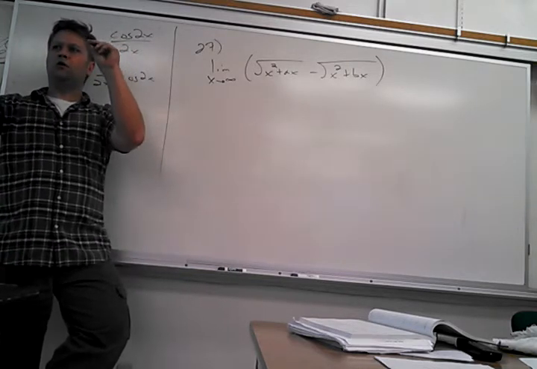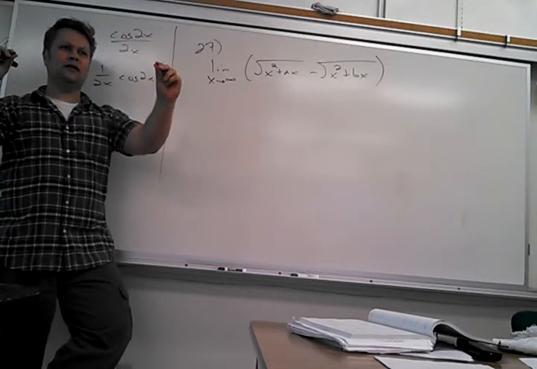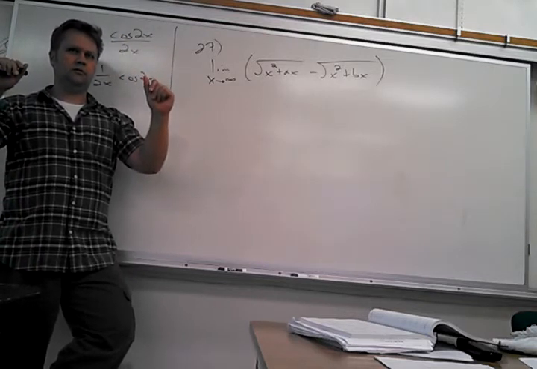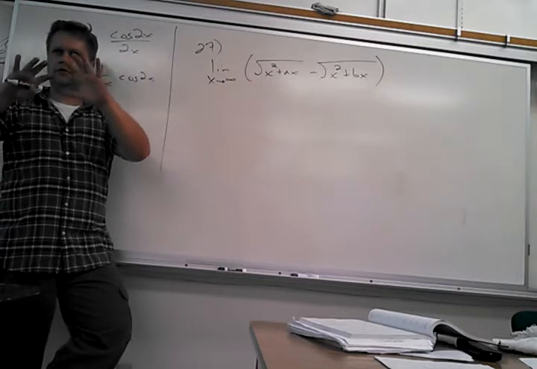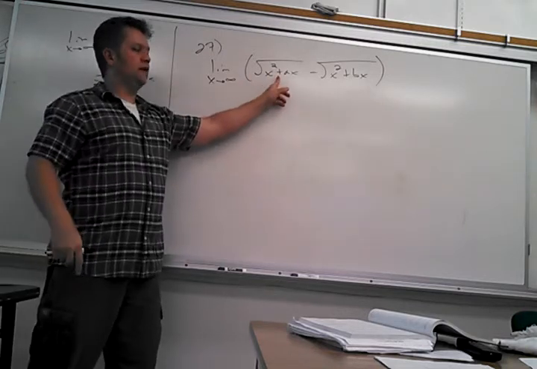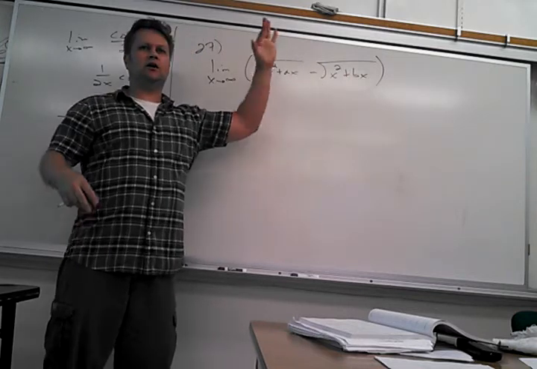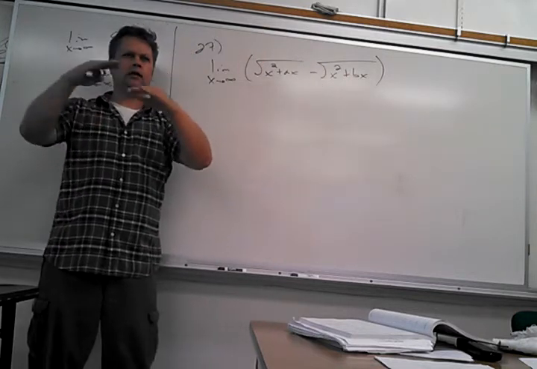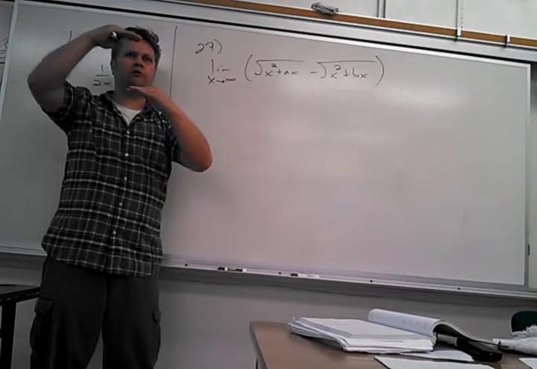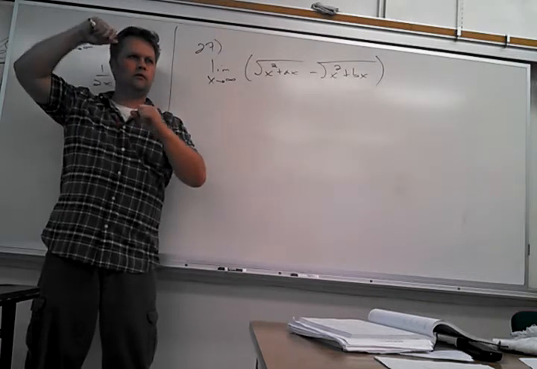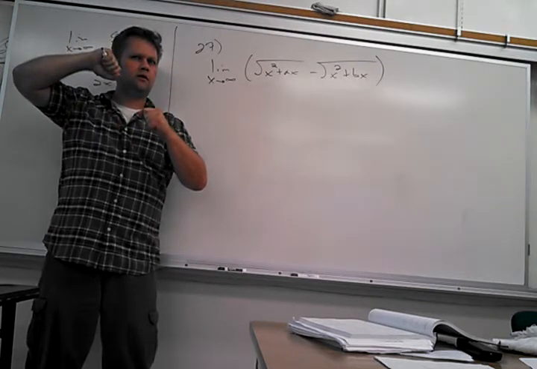It depends on if one of them is going to infinity faster than the other one. Let me let that sink in. Does that kind of make sense? If this one is going to infinity faster than this one, then this difference is not going to go to 0. It's going to either be some constant or it's going to go to infinity itself. You guys semi with me?